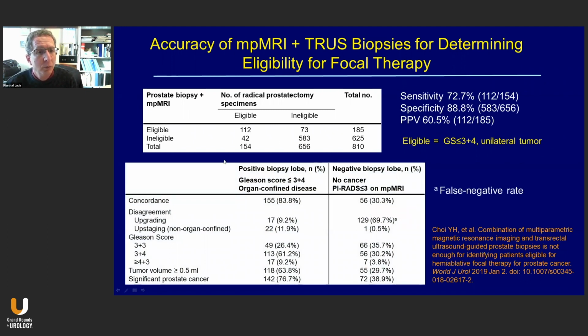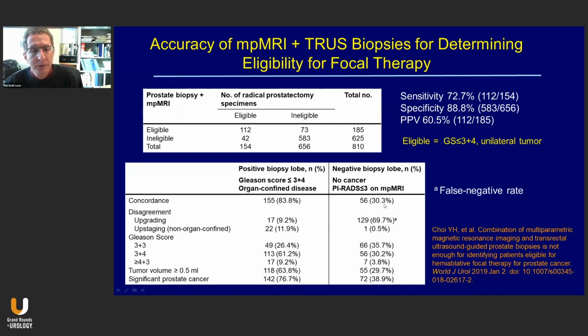And if you look at where the problem lies, it wasn't in the lobe that was positive. In the biopsy positive arm, there was pretty good concordance between the radical prostatectomy and the targeted biopsy. The problem was in the negative lobe. This was the lobe that had no cancer on a biopsy, so the systemic biopsy was negative and did not have a PIRADS 3 or higher lesion on multiparametric MRI.